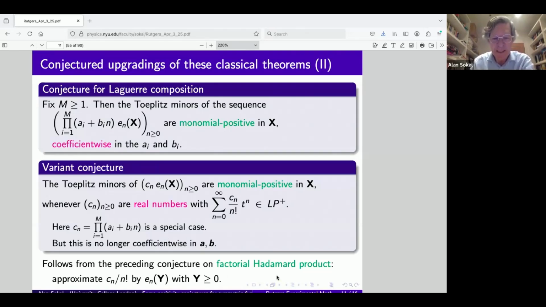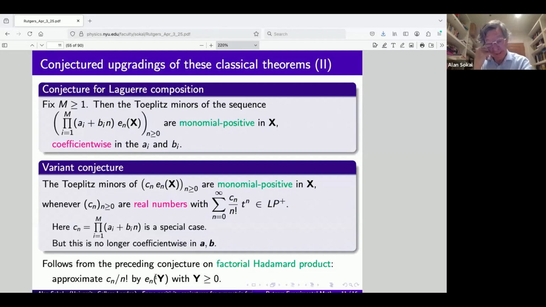So the preceding conjecture on the factorial Hadamard product implies this variant conjecture because c_n over n factorial can be approximated by elementary symmetric functions. Because if this thing is in the Laguerre-Polya class, it can be approximated by negative real-rooted polynomials, and then the coefficients can be approximated by elementary symmetric functions.